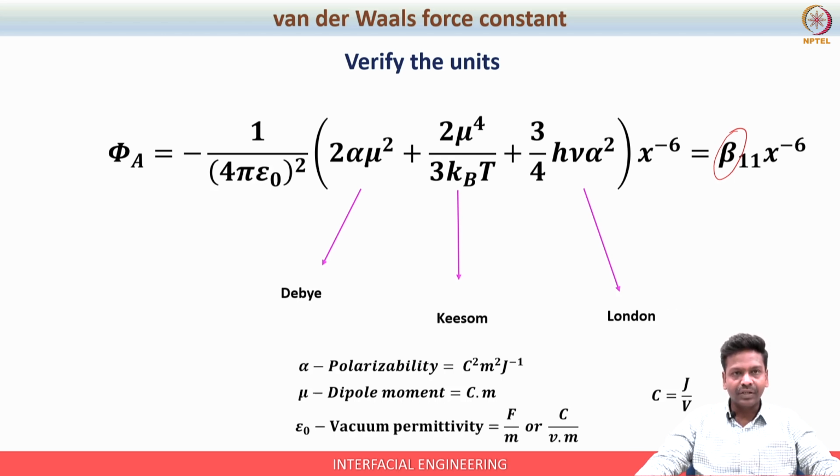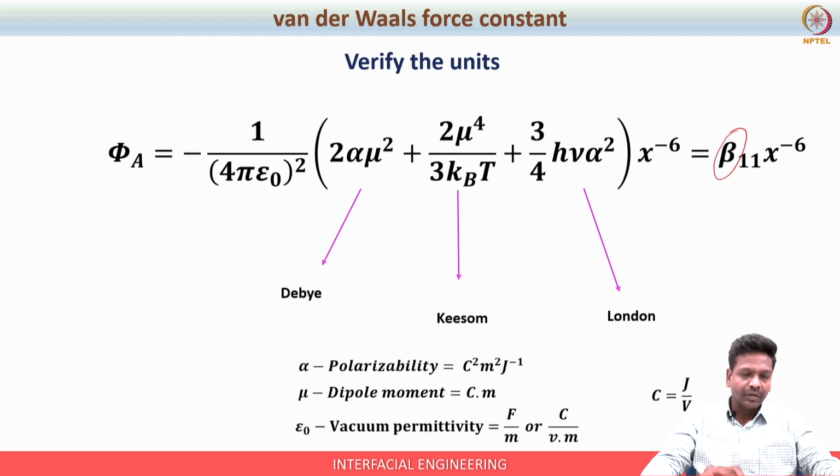Beta is nothing but joule meter power 6.